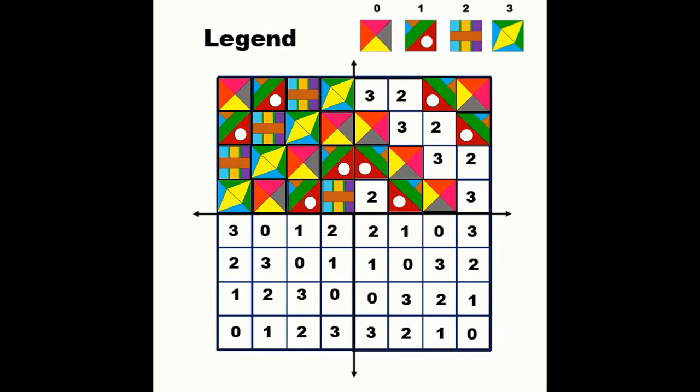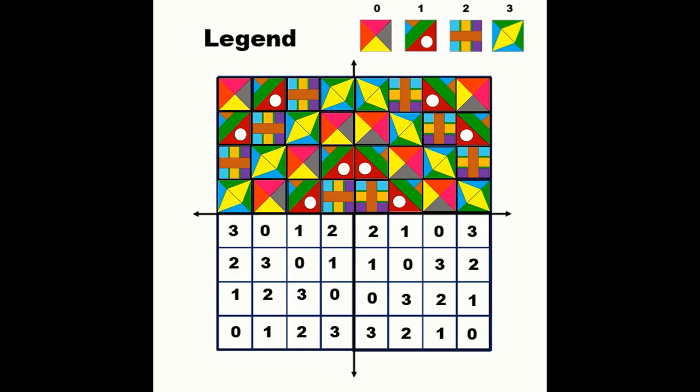Next, we have number 2, 2, 2, 2, and 2. It also rotated 90 degrees. We have 3, 3, 3, 3, and 3. Now as you can see, a figure was formed when you rotated each of these figures 90 degrees.